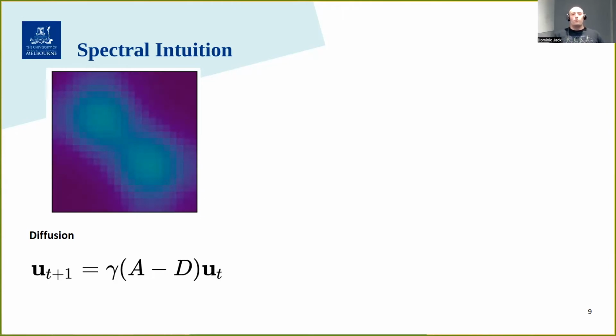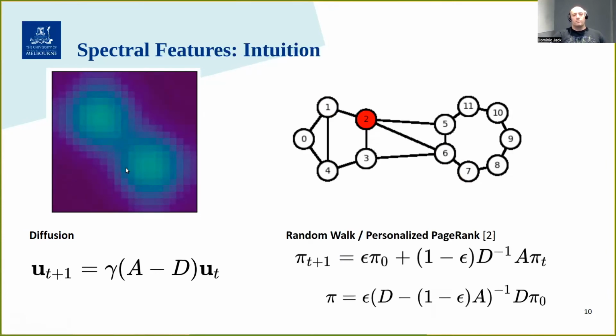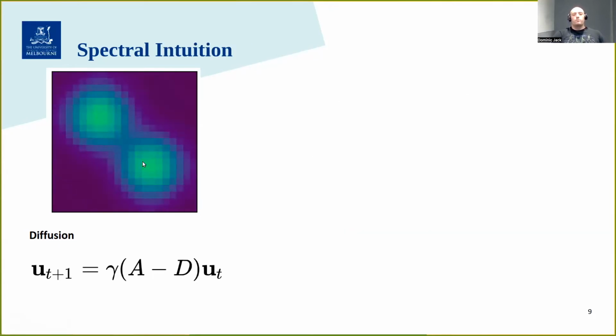So let's try and model heat diffusing over, say, a board, or chemicals diffusing in water based on a spill, in this case at these 2 locations. If we represent the temperature or the concentration in a flattened array, then we can step this in time using this equation down here.